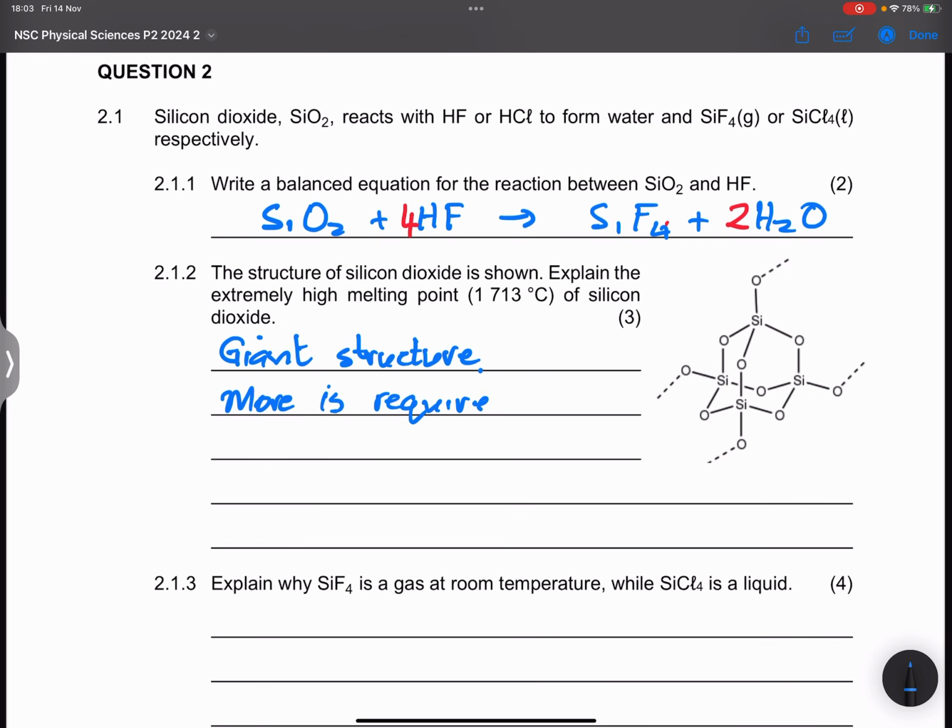Please note, anytime that you're talking about melting point, in this case, it means that you need lots of energy. More energy is required to separate, or we can even say to break the bonds, right?